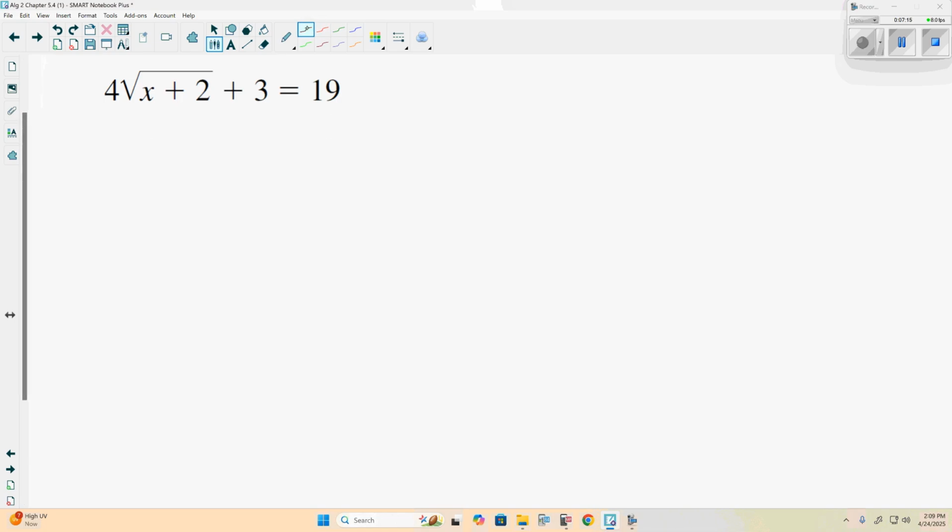Let's look at this one here. 4 times the square root of x plus 2, plus 3 equals 19. Is there one radical? Get it by itself. Minus 3 from both sides, telling us 4 times the square root of x plus 2 equals 16. Is the radical by itself? Divide by 4.